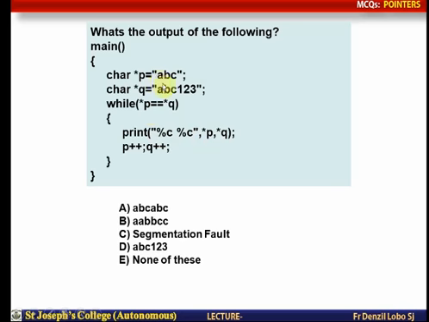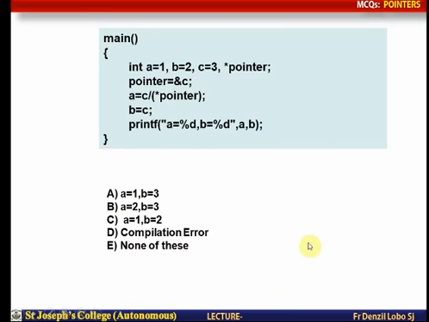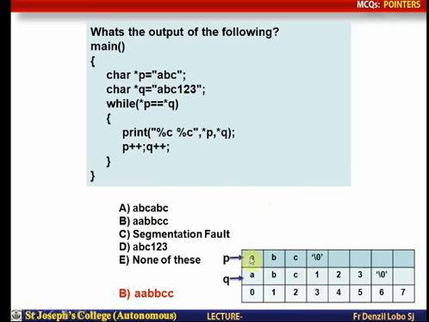It is going to print option B: first it prints A, then B, then C, and then it comes out, because they are not equal. So it prints only A, B, C. As you see here, 1, 2, 0, 1, 2, and this comes out here.